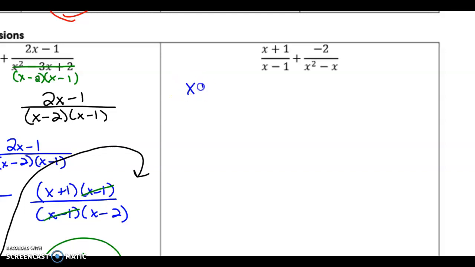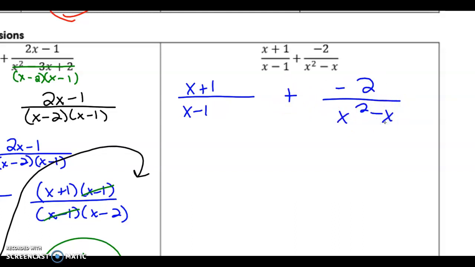I'm just going to rewrite this so I have a little bit more space. Okay, so go ahead and try to factor the denominator.